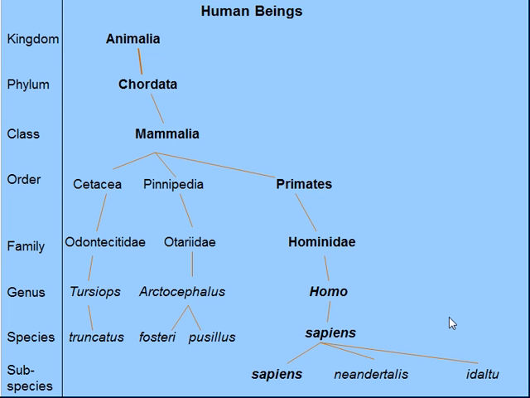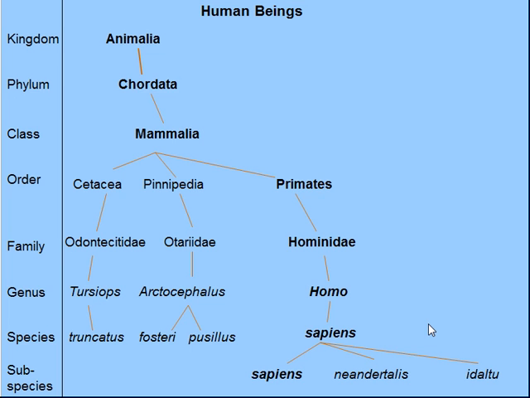Okay. So remember, with binomial nomenclature, which is what we call genus and species name, the way that it was written before would be Homo sapiens. So there you go. You've got your capital on your genus and your lowercase on your sapiens.